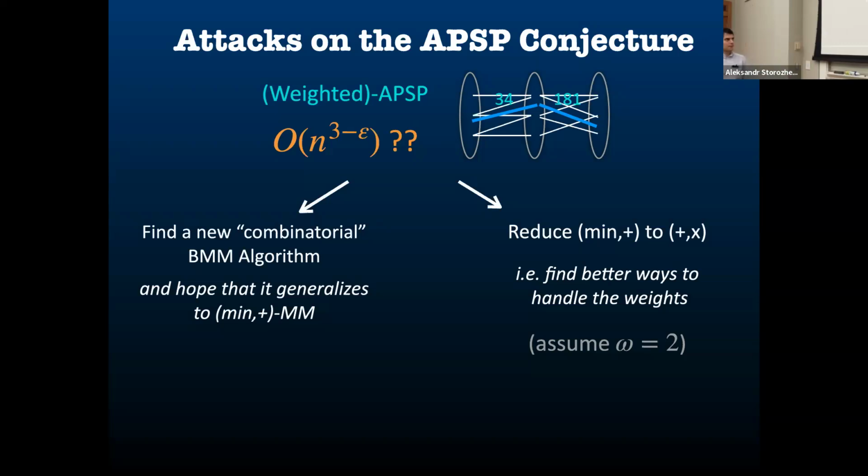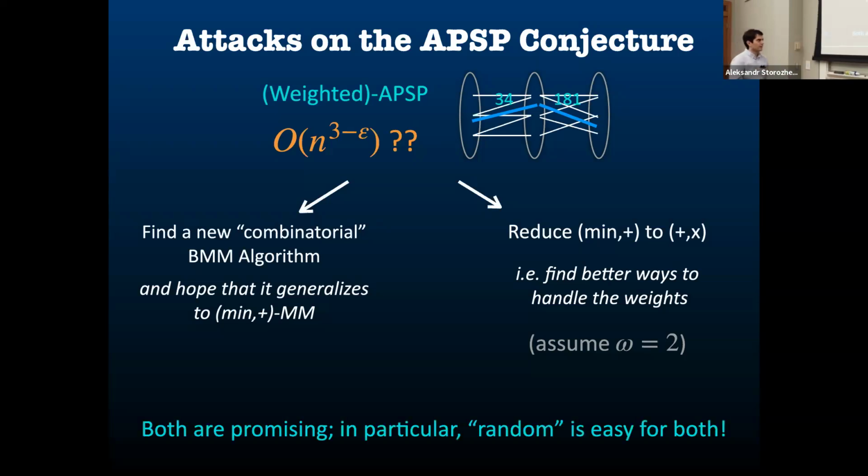So I'm going to discuss the progress and ideas on both of these things. But I want to mention, I think both these directions are super promising and should be studied heavily. And in particular, this framework that I'm suggesting makes sense for both, because a basic test to think about is, what do we know about the random case? If the random case is easy, then this structure, worst case to randomness, makes a lot of sense.